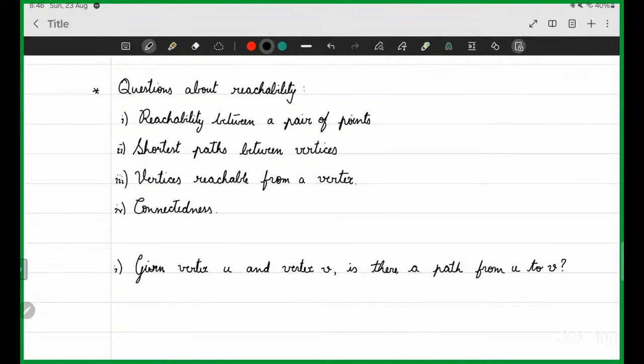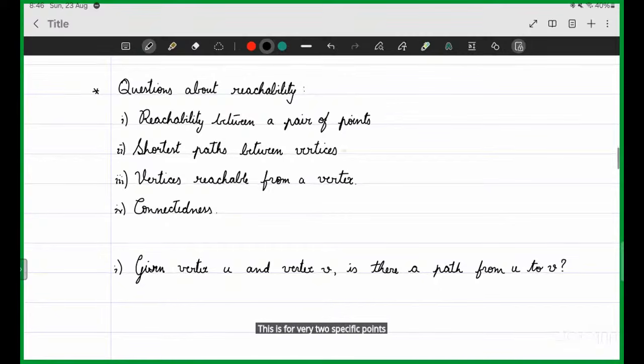We are just stating the questions. We are not answering them just yet. So that is the first question about reachability between vertex U and vertex V. This is for two very specific points.